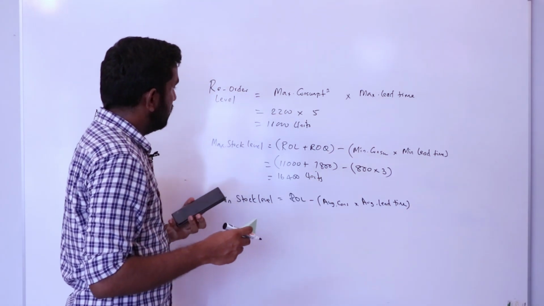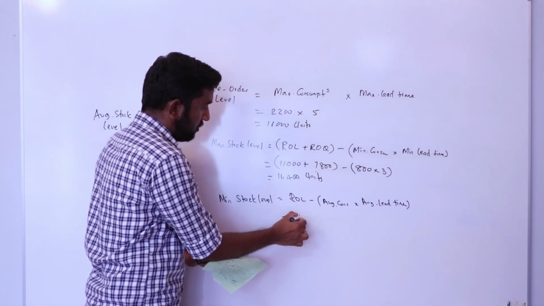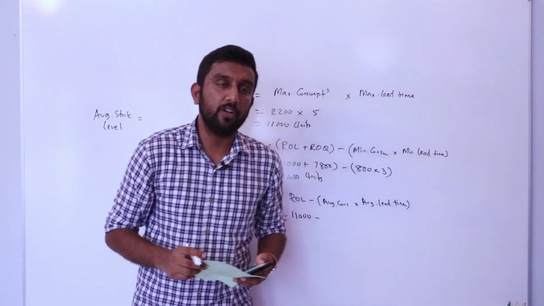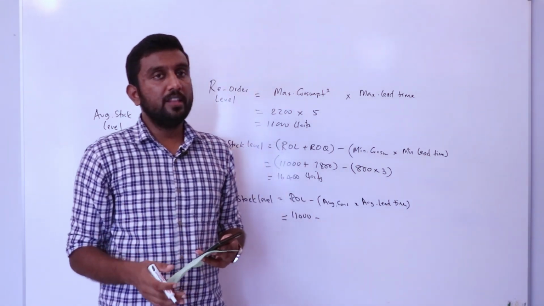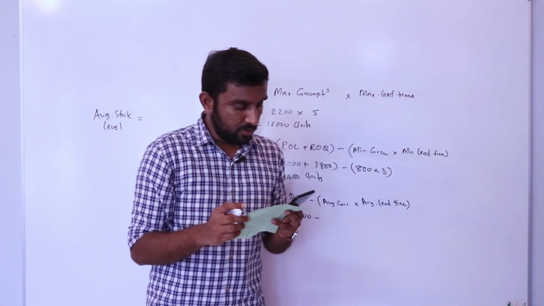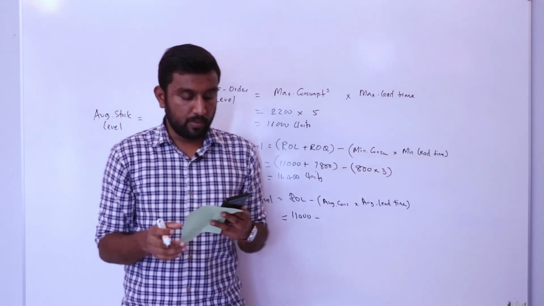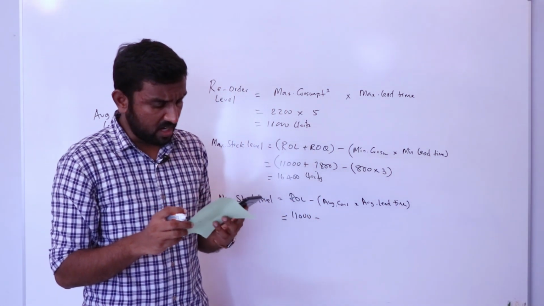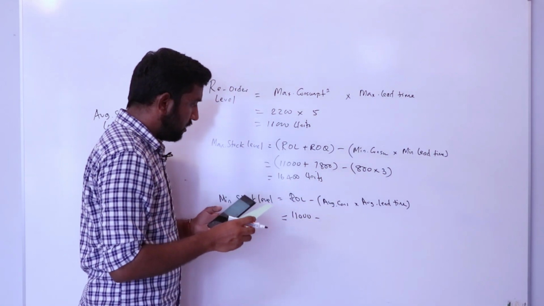And third one is minimum stock level, where reorder level is 11,000 minus average consumption. So average consumption, how to find? There are 12 months and 12 different quantities, so you have to get the average of that. You have to add all 12 quantities, which is somewhere around 18,000, and divide that by 12.